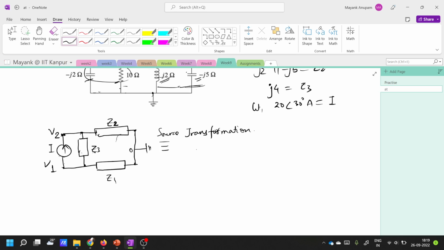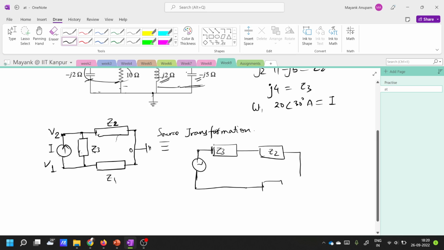The equivalent circuit will be like this. So you have a voltage source in this case. This is the voltage source. Then there is Z3, and then you have this Z2.